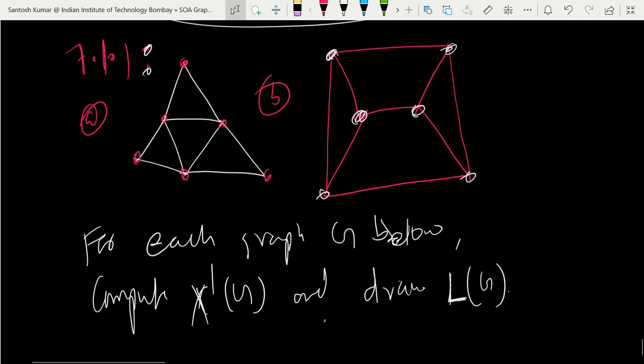And if you're not able to do it, then tell me, I will solve. First you tell me for both graphs, what is the chi dash G, the edge chromatic number?